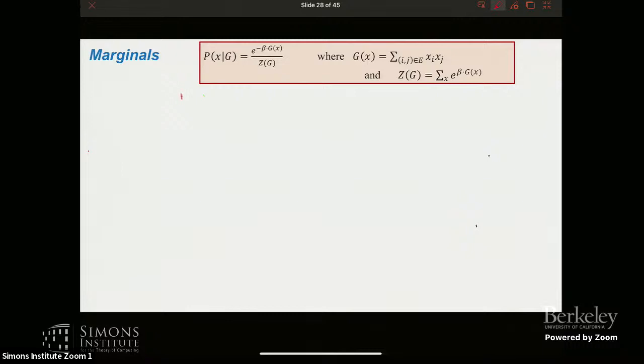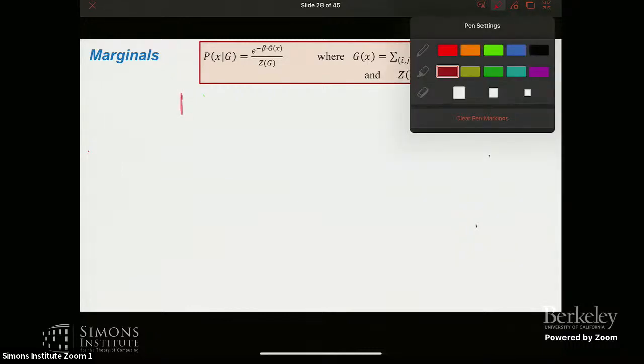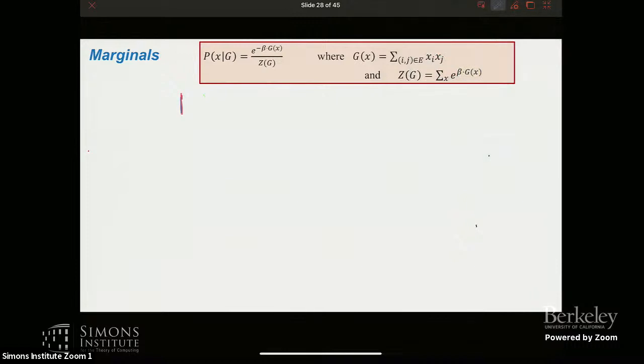The probability that, let's say, vertex u is equal to some value sigma u. This is of course equal to the sum over all x with xu equal to sigma u of e to the minus beta g of x divided by z of g.